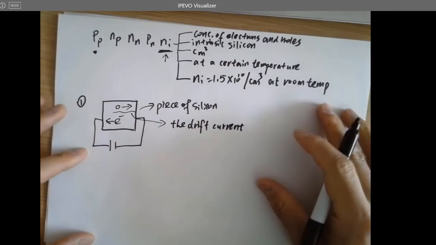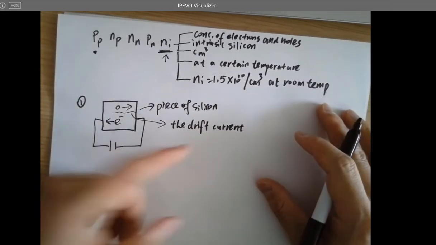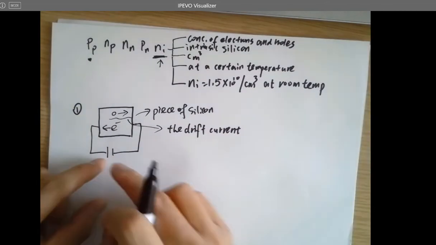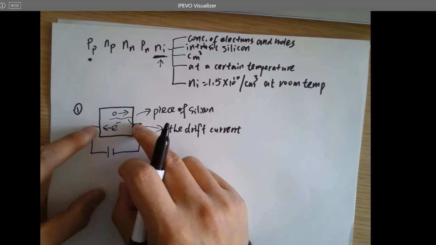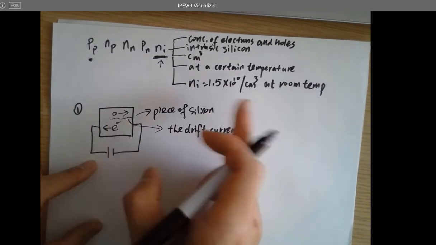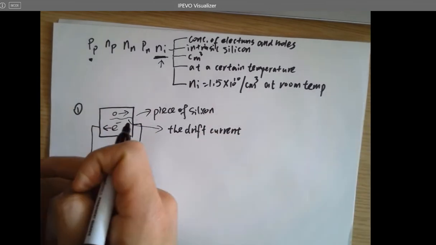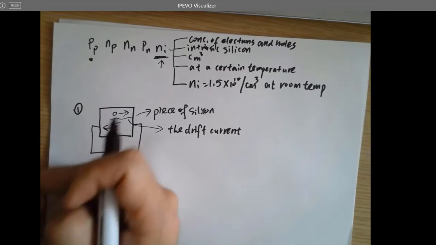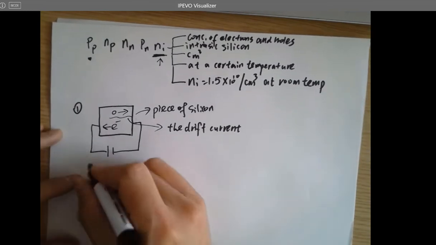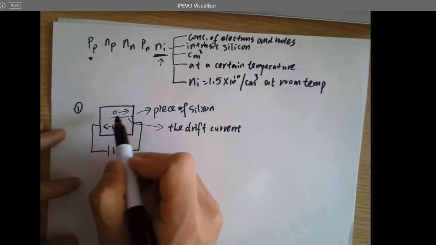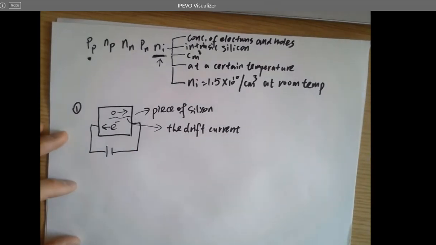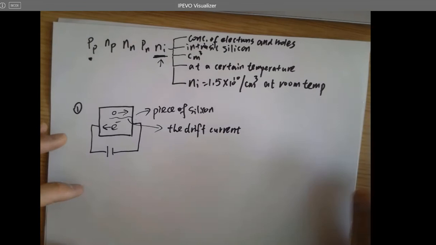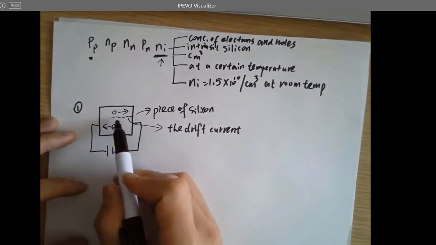Keep in mind that all the drift currents are driven by electric field. Because you add a battery here, it's going to apply an electric field at the two terminals of the piece of silicon. So the holes are going to flow in that direction. Electrons are going to flow in the opposite direction. And V drift, because all these charges are flowing, there will be a specific velocity associated with this type of behavior.